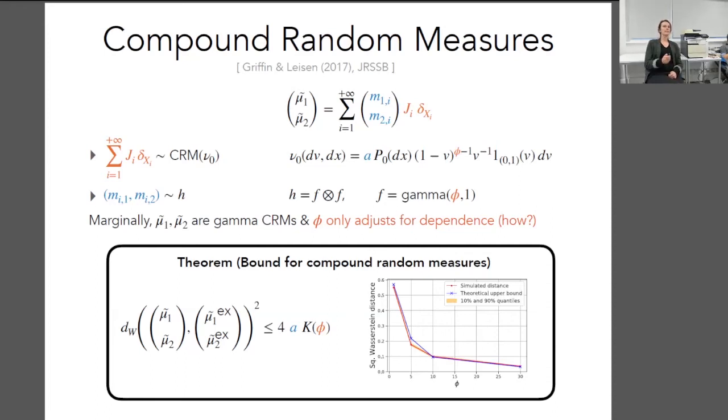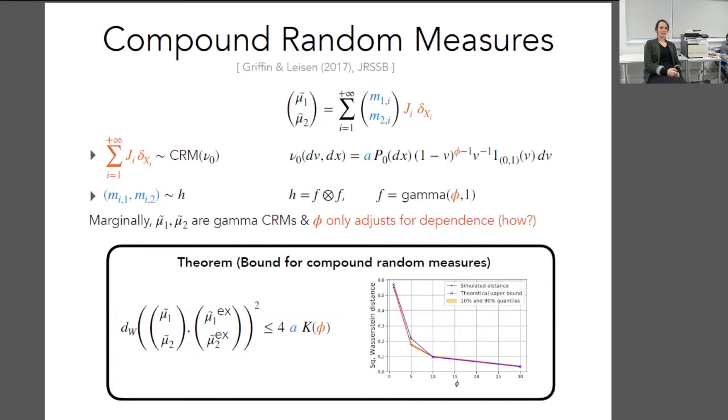On the other hand, since phi appears both in the baseline completely random measure and in the jumps, it is not easy to understand how it impacts the dependence structure. And thanks to our techniques, we were actually able to bound the Wasserstein distance from exchangeability with a quantity that depends explicitly on this hyperparameter phi of the model.